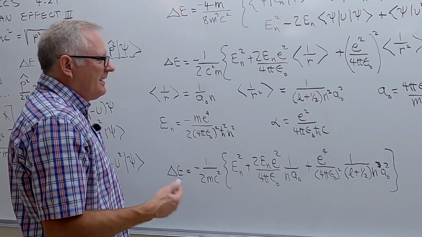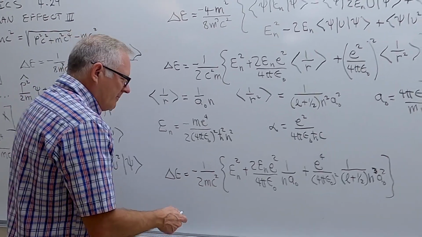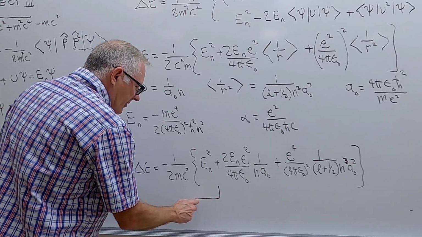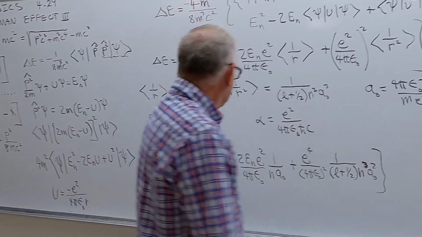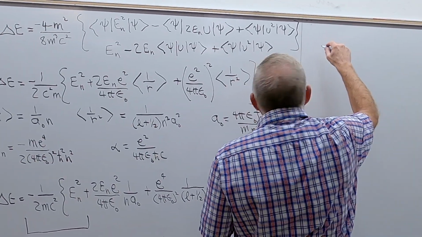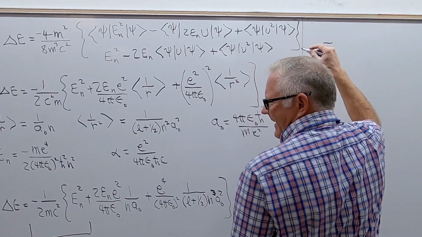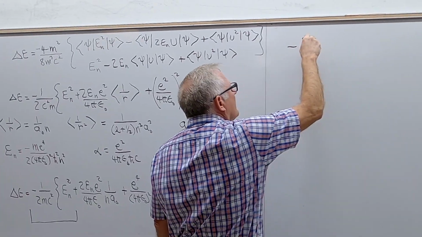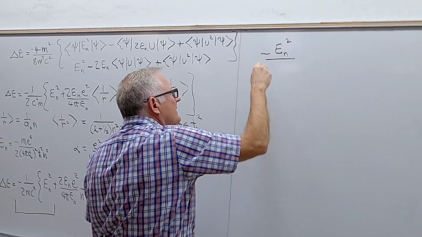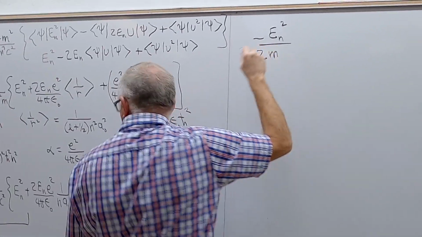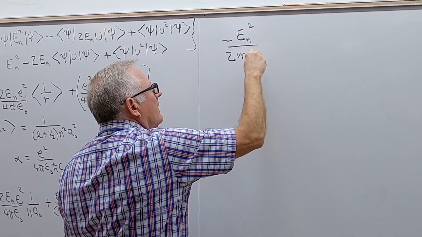So let's look at each term individually. Looking at this first term right here, we got minus E n squared all over 2mc squared.